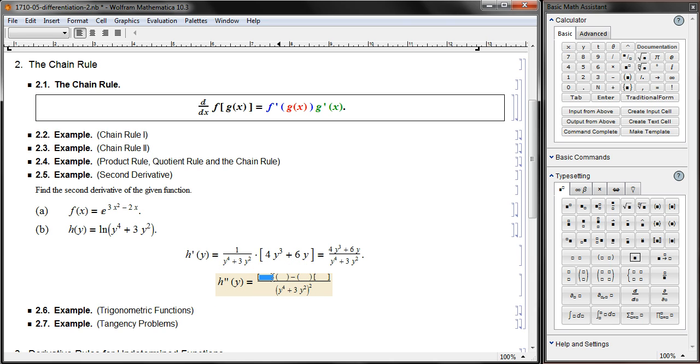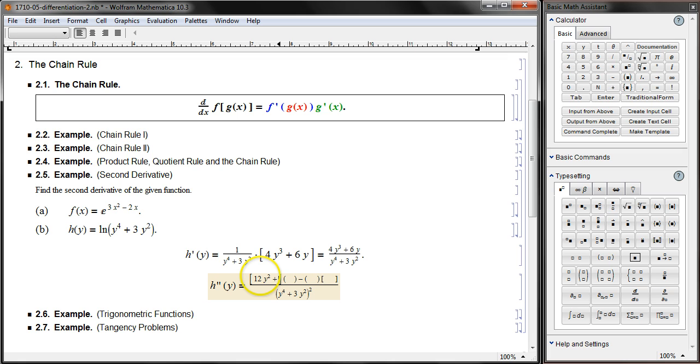So the derivative of the numerator, what is this? 12y squared plus 6, and then the denominator stays the same, and then the numerator stays the same, and finally the derivative of the denominator.